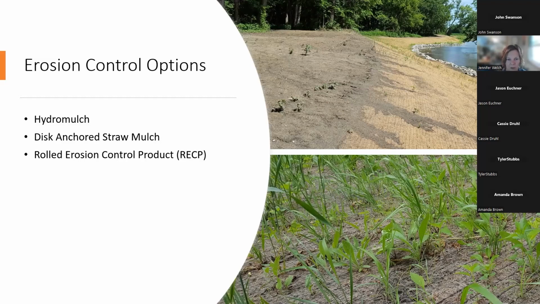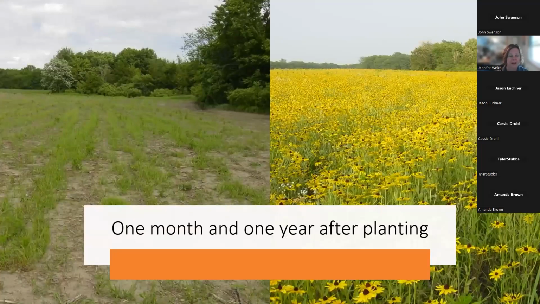The bottom picture shows the native plants coming up, and you can see there's quite a bit of open space in between them. That's the way they work, especially because they get bigger and fill in those spaces somewhat over time. Something like that's pretty cool. Now, this is the example where it was actually planted into soybean stubble.